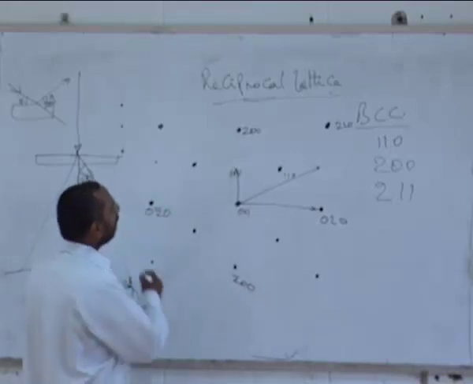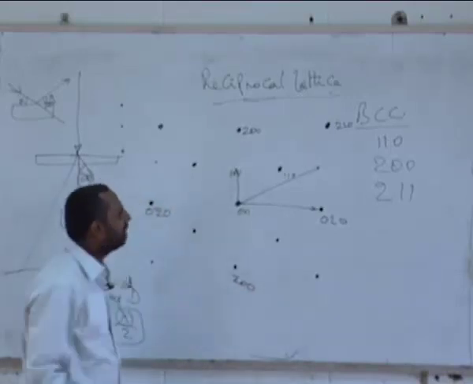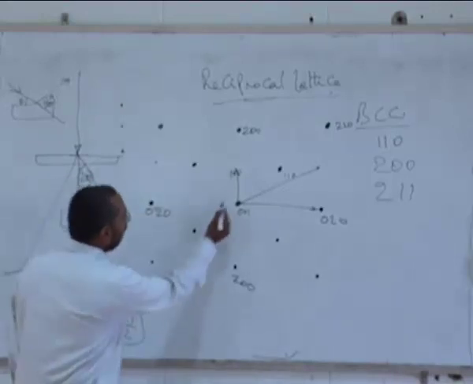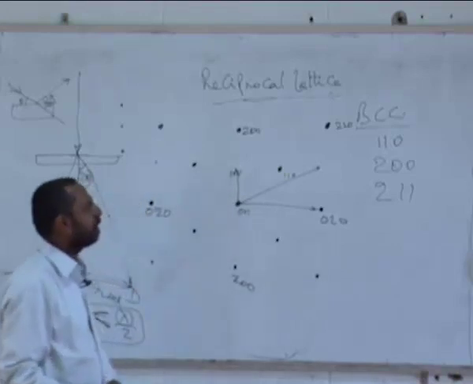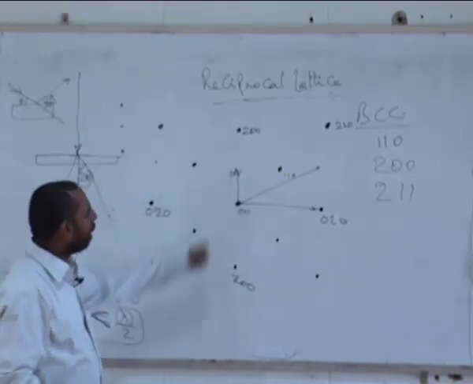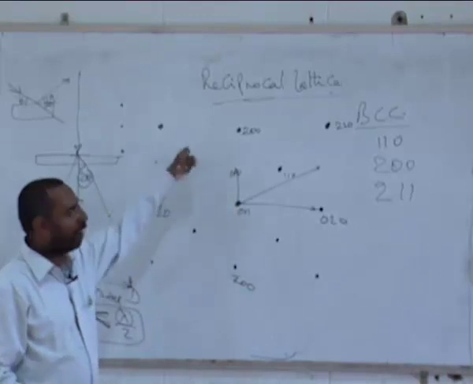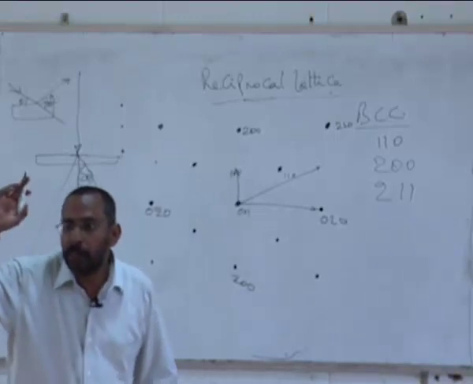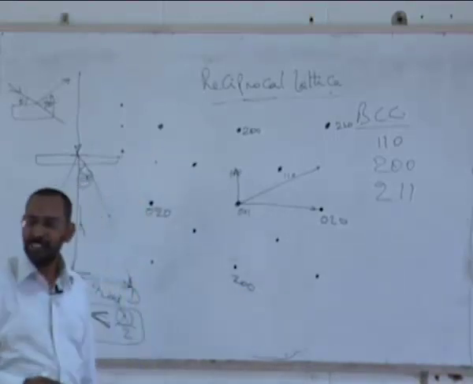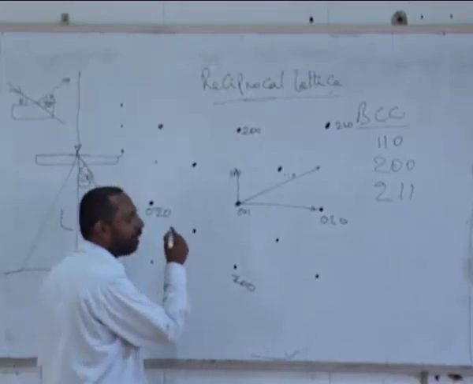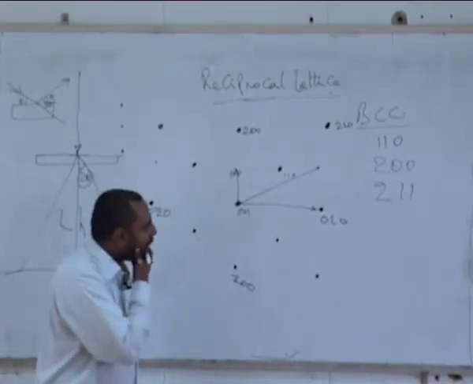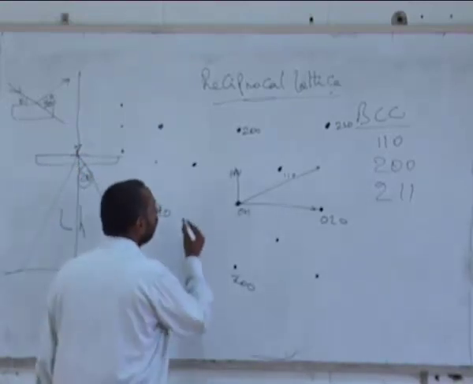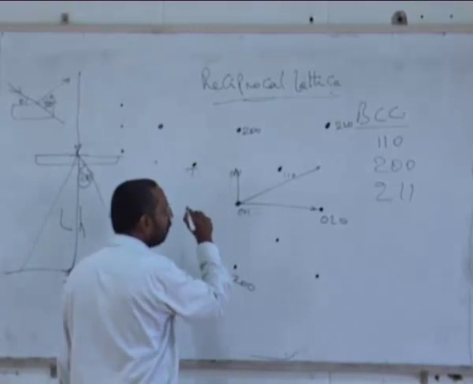Then similarly, can we tell what is this? It is this and this. I am going 1 and 1. So it will be 1, 1, 0.